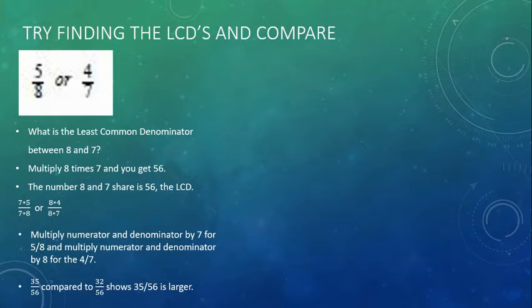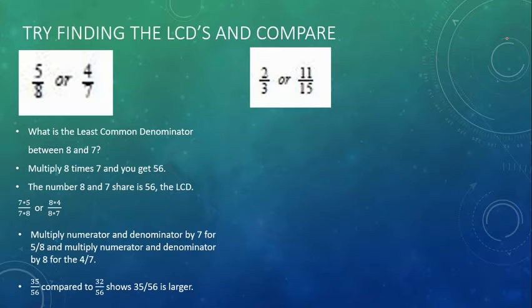For our 5/8, we have to multiply the numerator and the denominator by 7, and multiply the numerator and denominator by 8 for the 4/7. So 35/56 compared to 32/56 shows us that the 5/8 is larger than the 4/7.